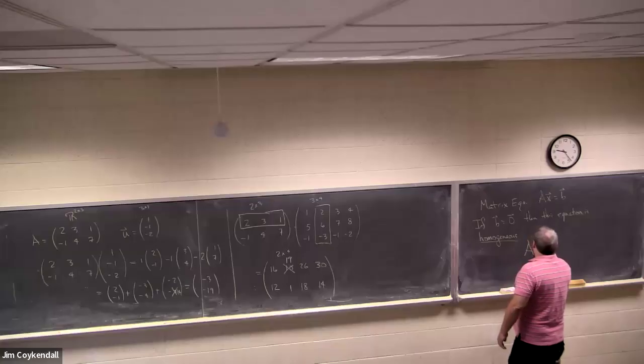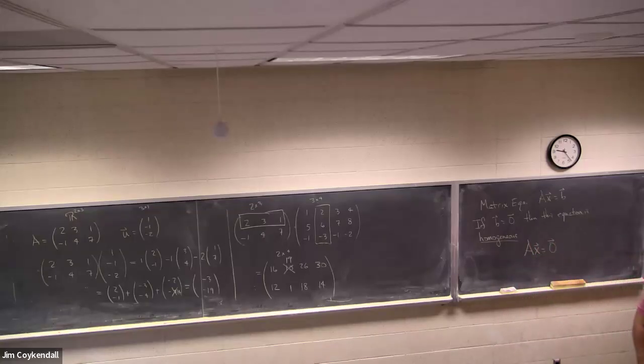So if I say a homogeneous equation, it's the special case when the B vector is zero.